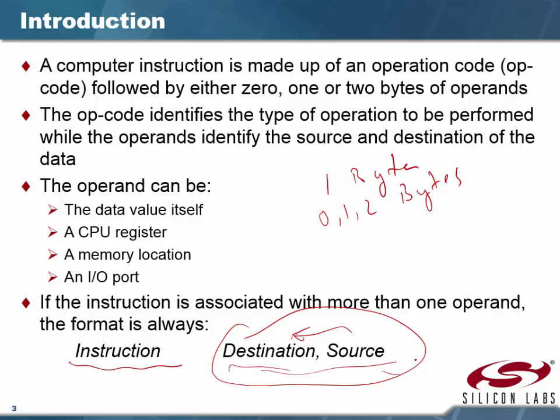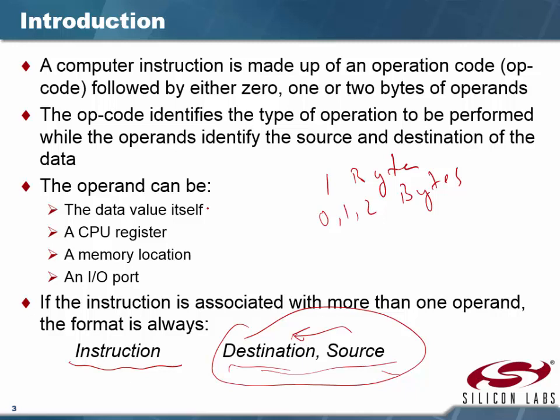An operand is what you're going to do the instruction with. In other words, if we have a move instruction, we have to tell it move from where to where. So some instructions, including the move instruction, if we're moving from one register to another register, we may not have to have that because the move itself will contain that information.